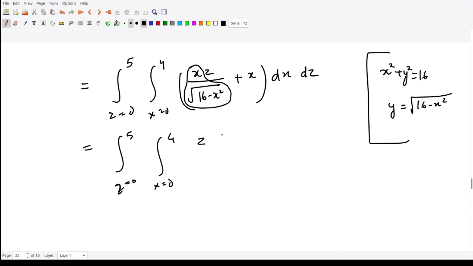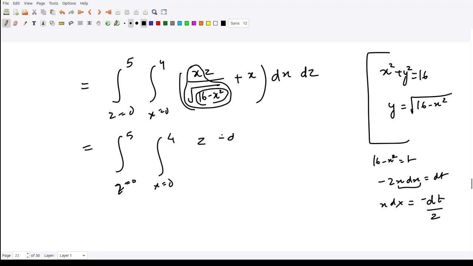That would be, when you substitute 16 minus x square is equal to t, you will have minus 2x dx is equal to dt. So that means the quantity x dx becomes equal to minus dt upon 2. So you have x dx is equal to minus dt by 2.